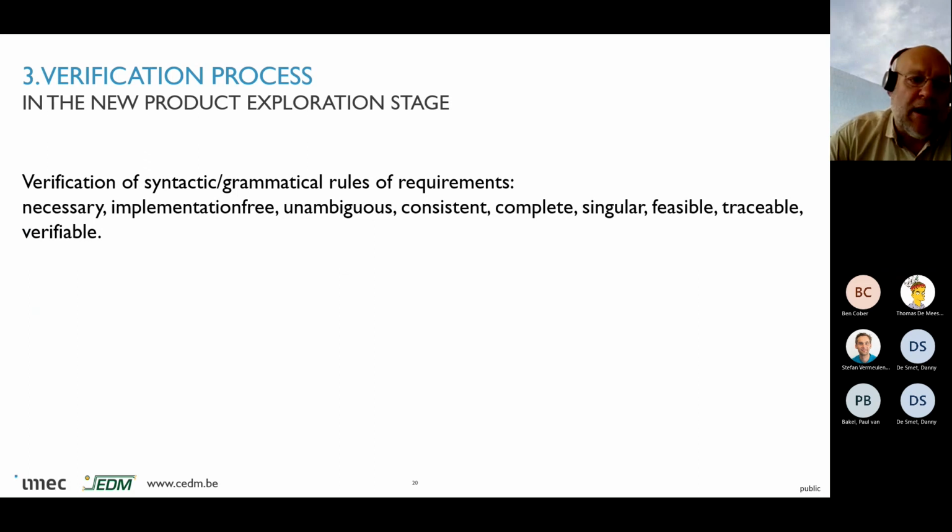They have a lot of criteria they need to meet, and for that there are some rules in how to specify requirements, some syntax, some grammatical rules, and one verification task that needs to be done in the exploration stages. Once we set up the requirements, do they fulfill these rules? That's an example of verification in the exploration stage.